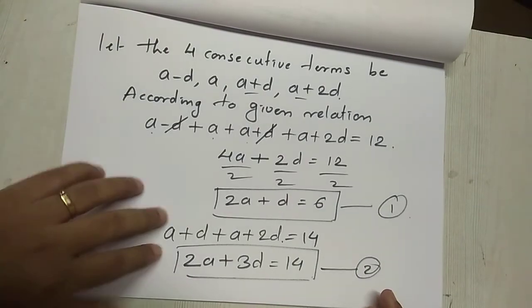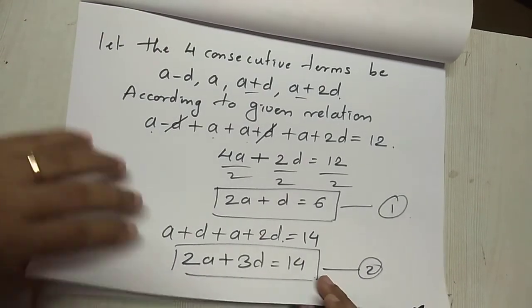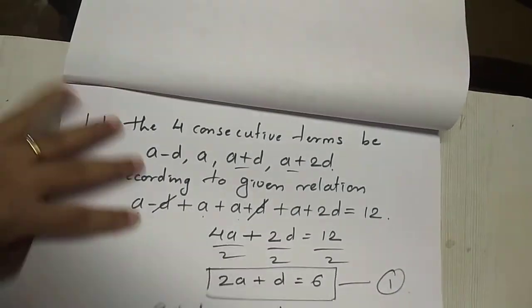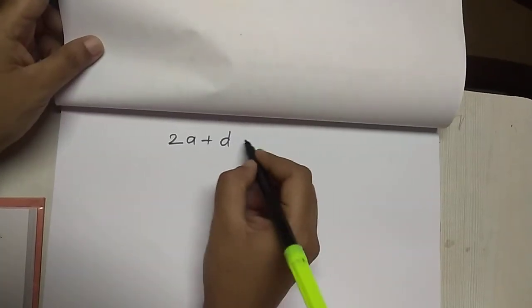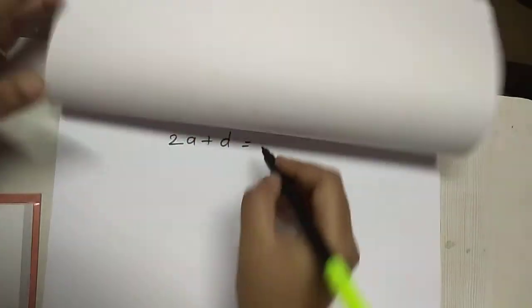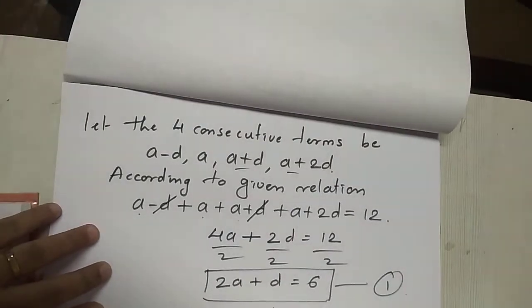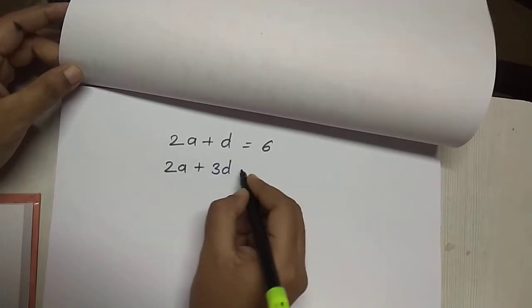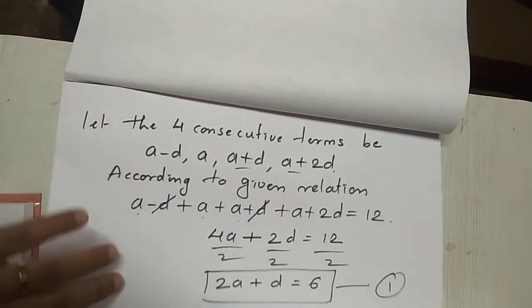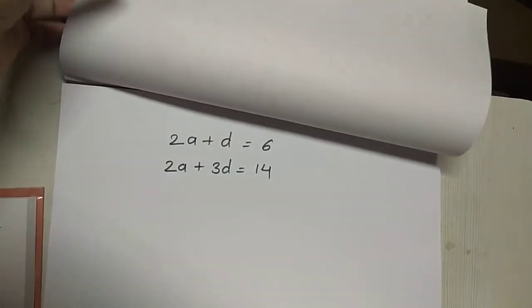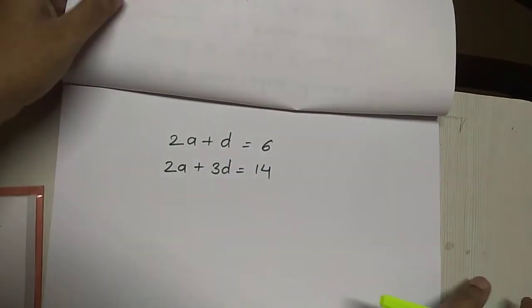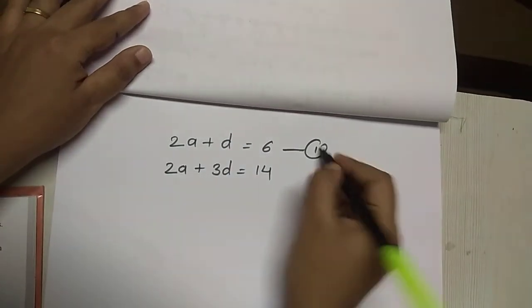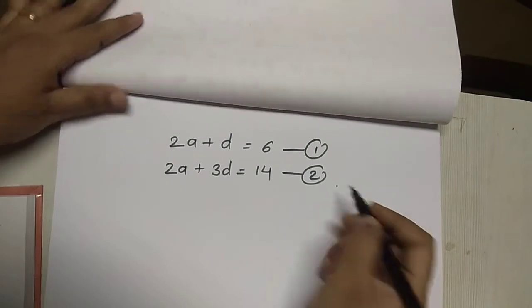Okay, so let's write down equations 1 and 2 on the next page. 2a plus d is equal to 6, and the next equation is 2a plus 3d equal to 14. Now let's solve these two equations, equation number 1 and equation number 2.